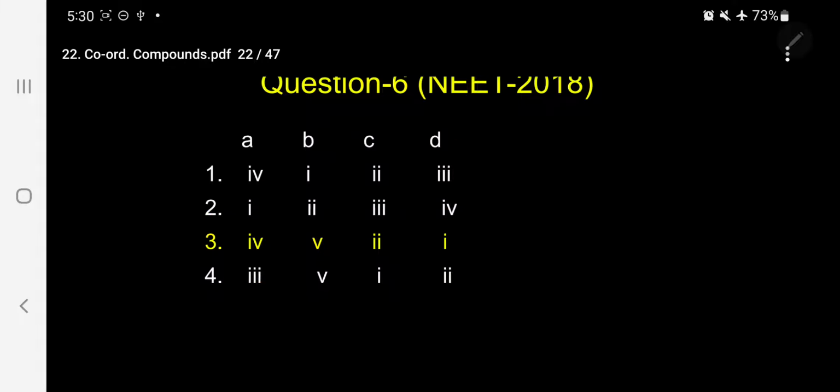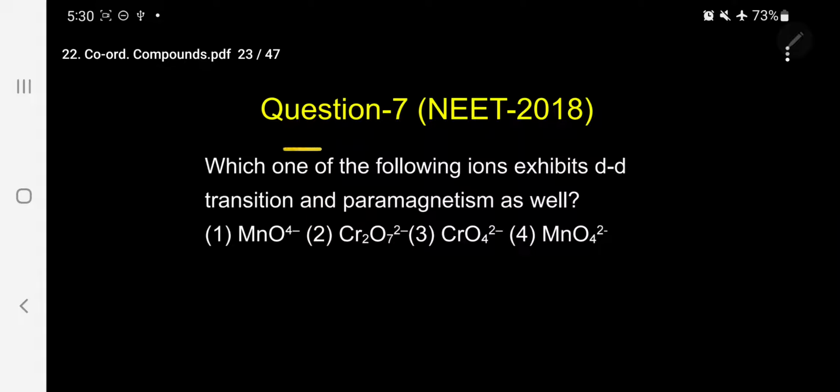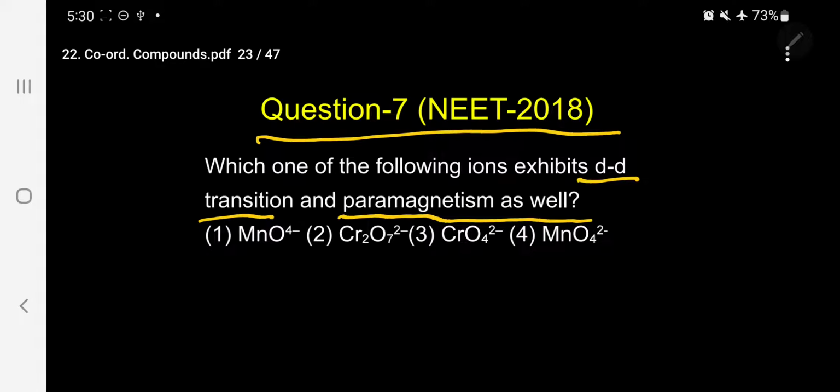Very, very interesting. Next question, question number 7, which was asked in NEET 2018. Which one of the following ions exhibits d-d transitions and paramagnetism as well? Let me go for that.